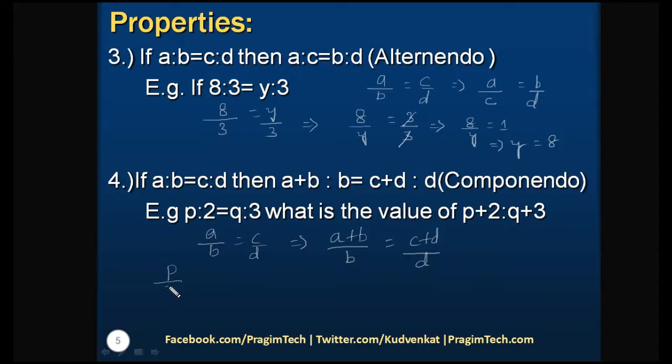If P by 2 is equals to Q by 3, then according to this property, we can write it as P plus 2 by 2 will be equals to Q plus 3 divided by 3. Or we can write it as P plus 2 by Q plus 3 will be equals to 2 by 3. Or we can represent in the ratio as 2 is to 3.